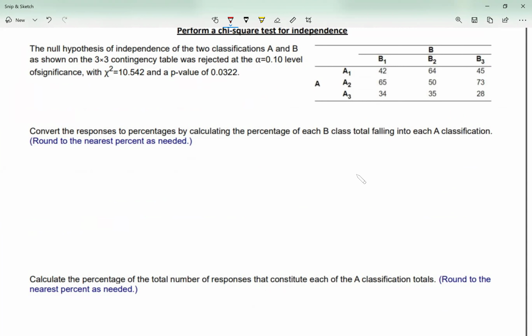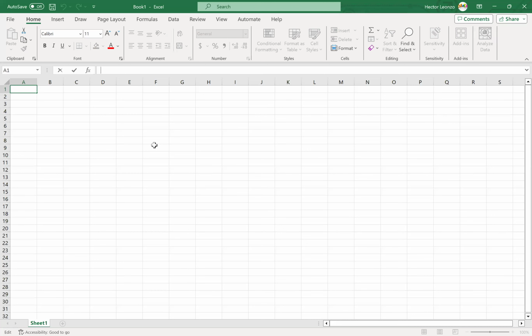I'm going to copy our table, the 9 values that I have. So let me grab an Excel spreadsheet, and I'm just going to write down our values. We had 42, 64, 45.